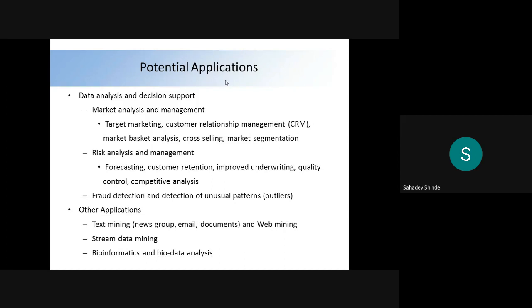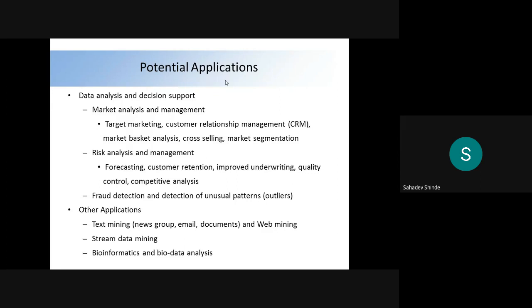Based on the previous database, we take a look at that share: what the value was when it decreased, and when it increased again. We do the analysis of that particular share, and after that we take the decision whether to buy it or not. This is called data analysis and decision support.